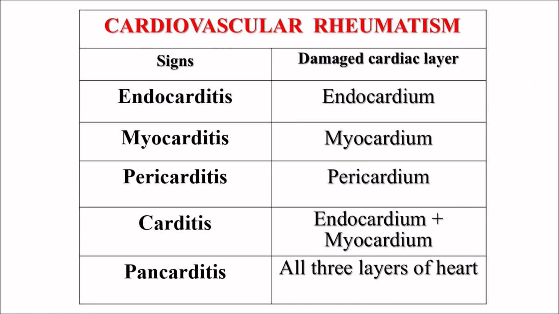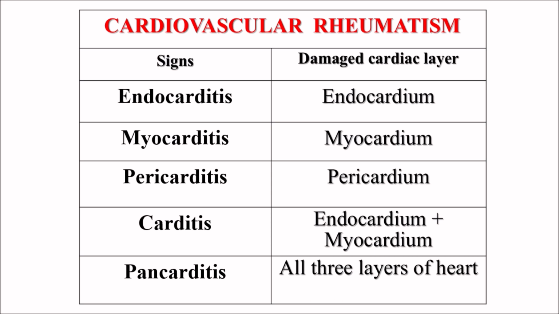Now we'll discuss the cardiovascular rheumatism, or the cardiac type of the rheumatism. If it damages the inner layer of the heart, the endocardium, we'll call it rheumatic endocarditis, or rheumatic myocarditis. If the process affects the pericardium, we'll call it pericarditis.